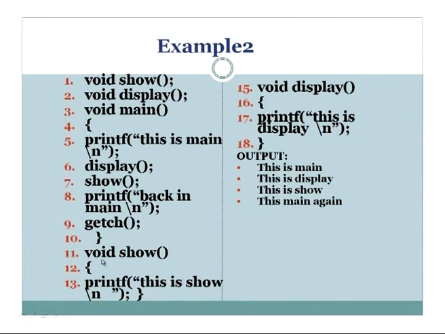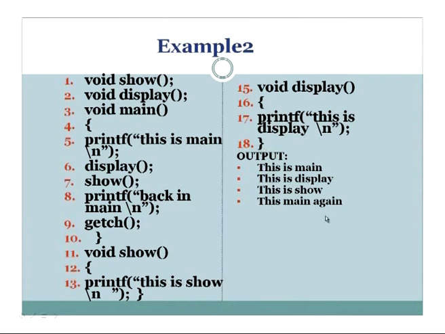Inside the body of show, the message "this is show" will be displayed, and when the show function has been executed, then control will come back towards the calling function, that is main in this case, and after that, the following printf statement will be executed, and this will display a message "back in main".